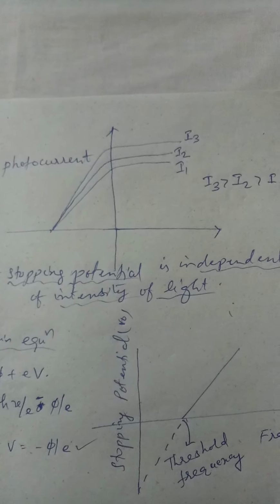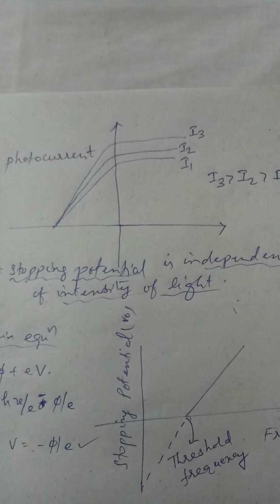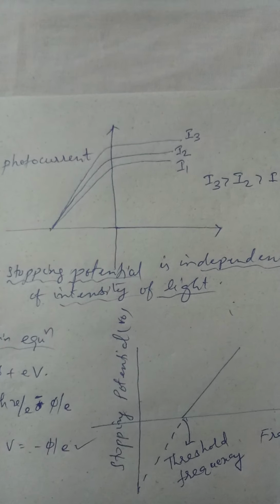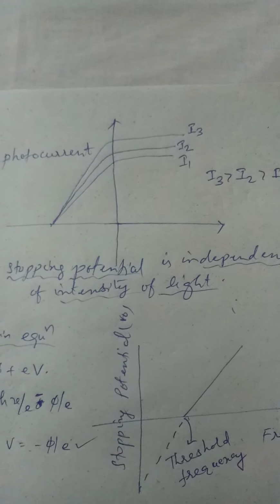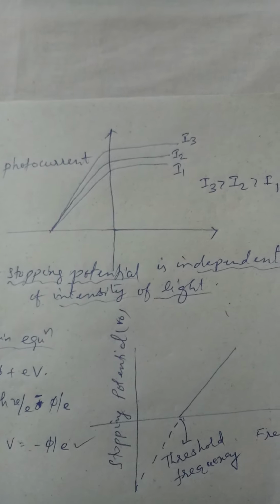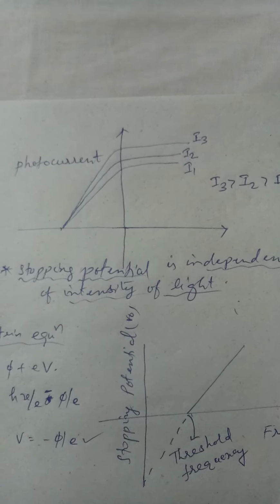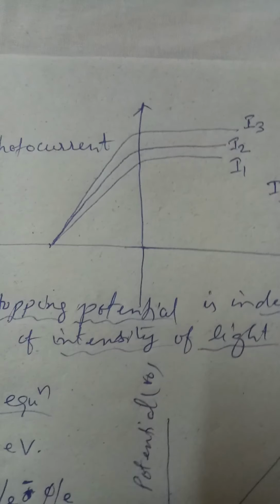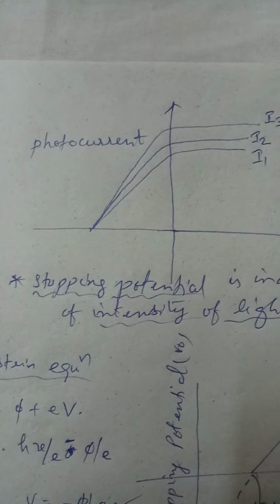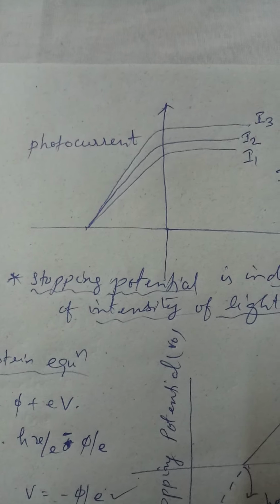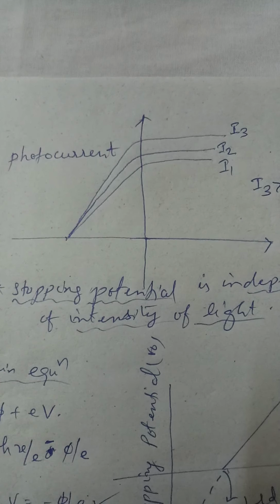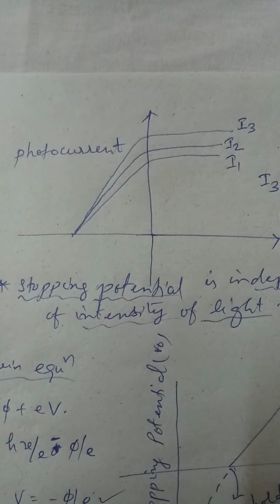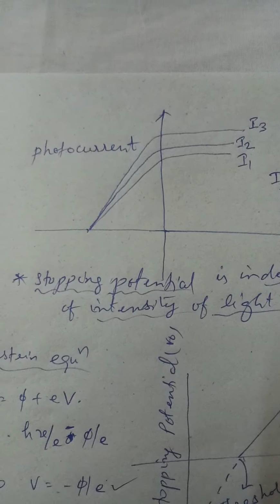So here we are subjecting this charged conductor to different intensities of light, different luminosity. When they plotted this graph, see on the left hand side, on the negative side of the terminal, for all these three different intensities, the stopping potential value is the same.